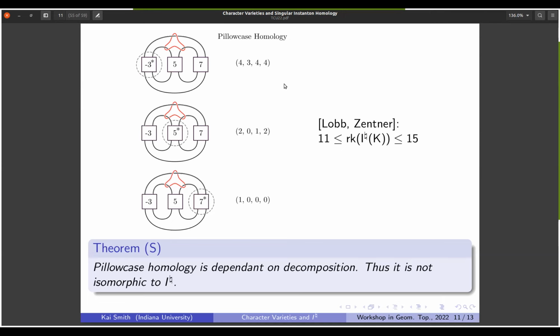Sorry, this is more of a general question about Instanton homology, but are there nice concordance invariants derived from this, like there were for Heegaard Floer? That is something I don't know a lot about, but I know that at least when they defined the singular Instanton homology, they also defined an analog of the S invariant, S natural.